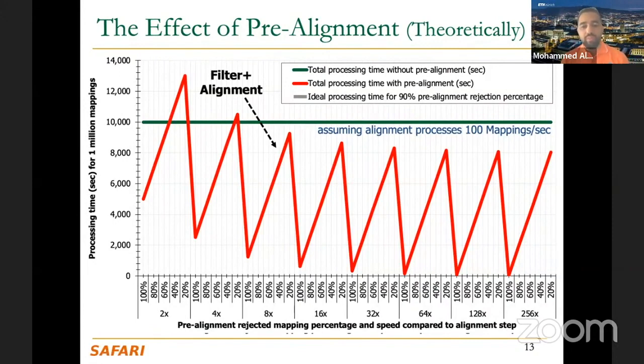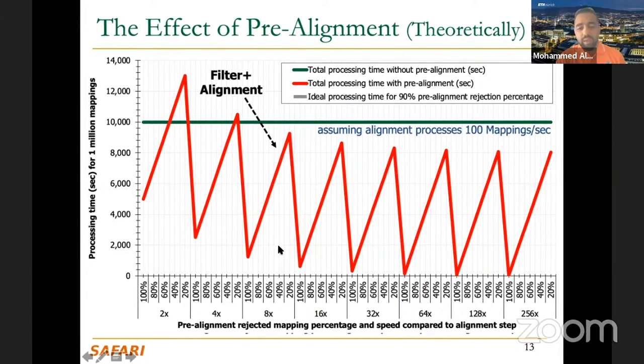Again, we have the execution time for filtering the entire data set, which is 1 million pairs. And remember, the filter is 2x faster than the aligner. So we need 5,000 seconds just for filtering, plus whatever the execution time for the aligner is for the 80% of the pairs. This way, we are increasing the execution time because we add an overhead for the filtering and we reject only a minimal number of pairs.